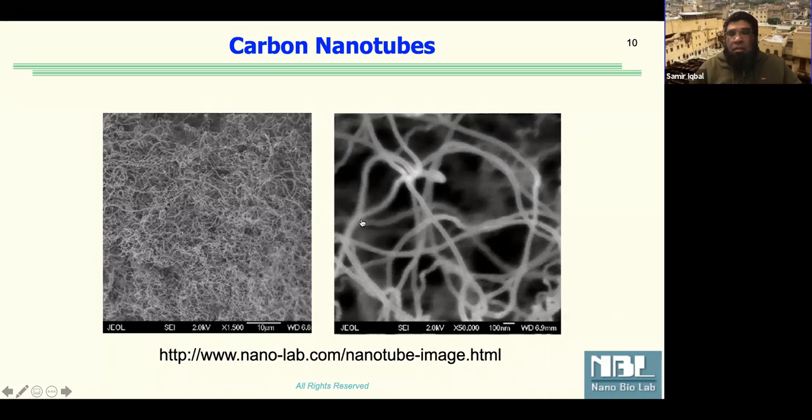When you make carbon nanotubes, you can make them infinitely long. So here's just a forest, right? So many of them. The left image is showing you a zoomed out image. The right one is where they have zoomed in. And you can see the length. If I draw your attention to the scale, this bar shown here has 100 nanometer written next to it, right? You see this on the corner? So this shows you that that small area is supposed to be 100 nanometers.